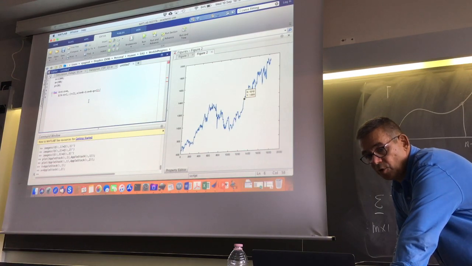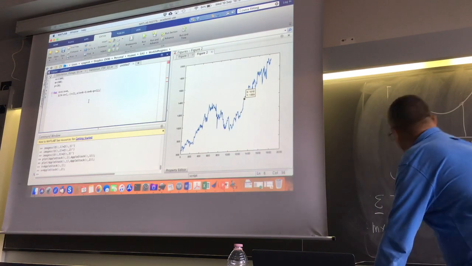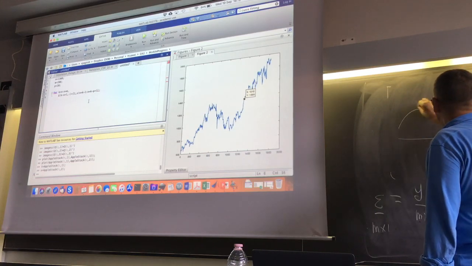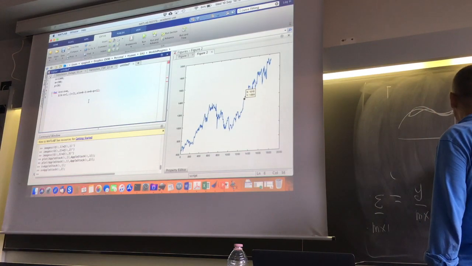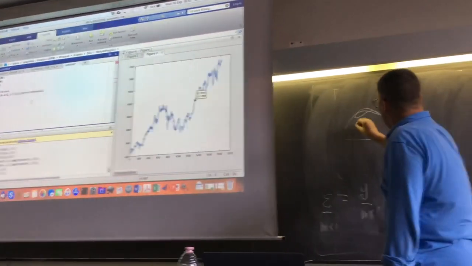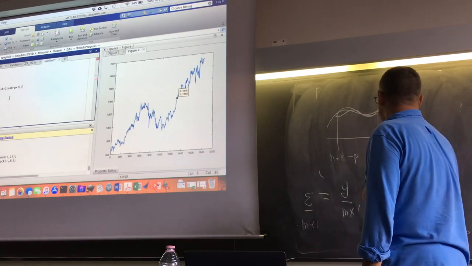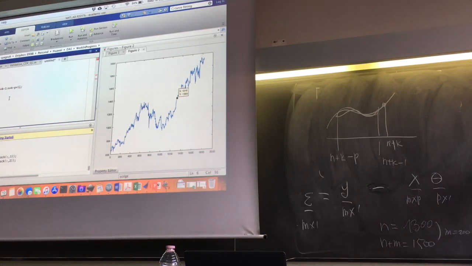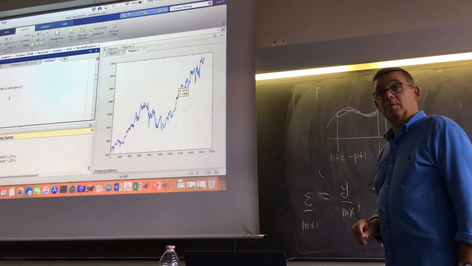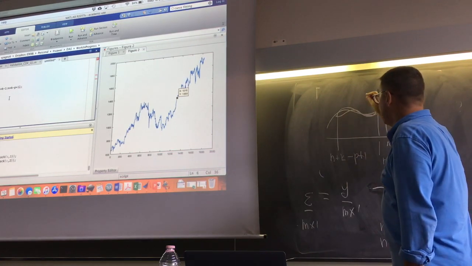K is going forward. Sorry, it's n plus k. I need to predict n plus k. In order to predict n plus k, I need to use this data, and these data are n plus k minus 1 down to n plus k minus p plus 1. This is what I'm doing. Then I multiply by theta.